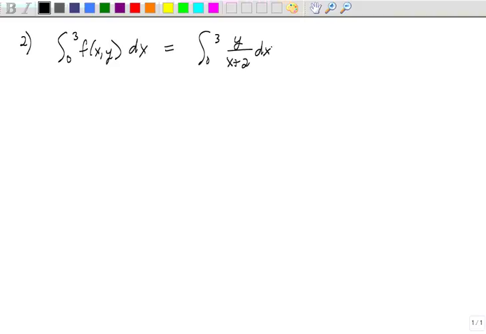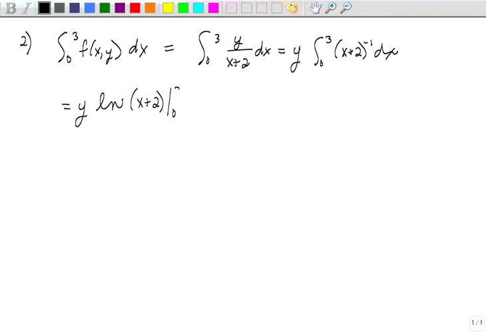That means y is constant, so this is like integrating y times (x plus 2) to the negative 1 dx. That's going to be y ln(x plus 2). I don't need absolute value here because x is positive. It's going from 0 to 3, so this is y times (ln 5 minus ln 2), which is y ln(5/2).